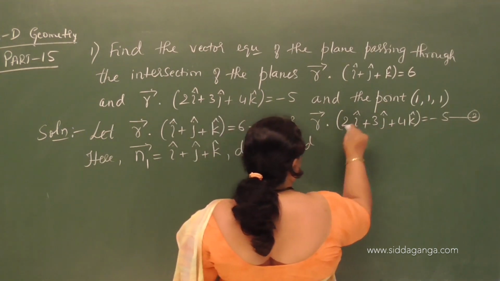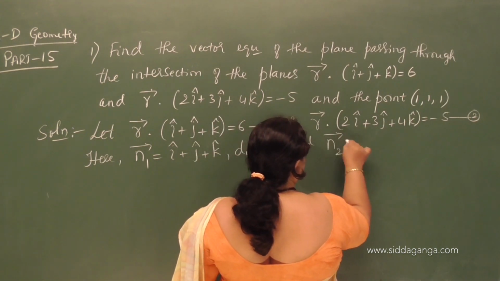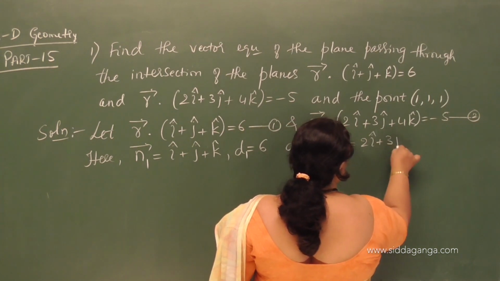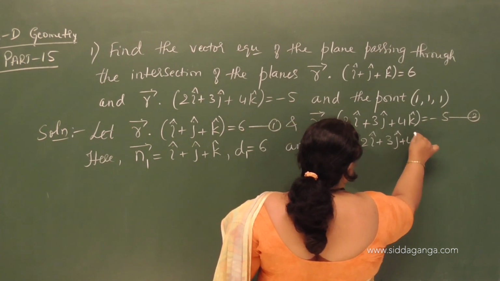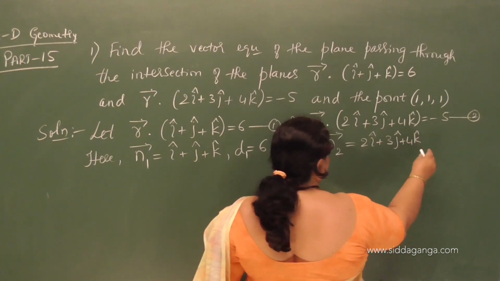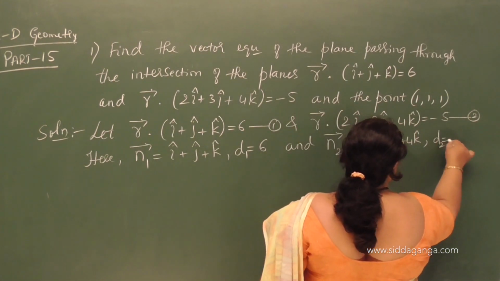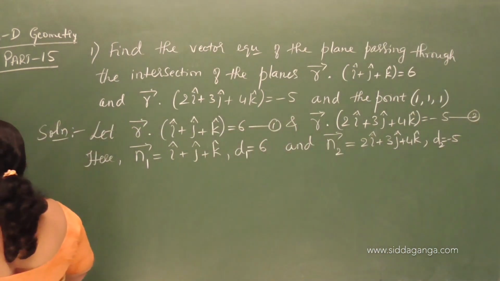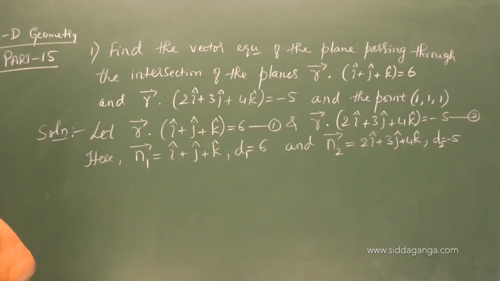For the second plane, n2 equals 2i cap plus 3j cap plus 4k cap, and d2 equals minus 5. So you know how to write the equation of the plane in the general form.